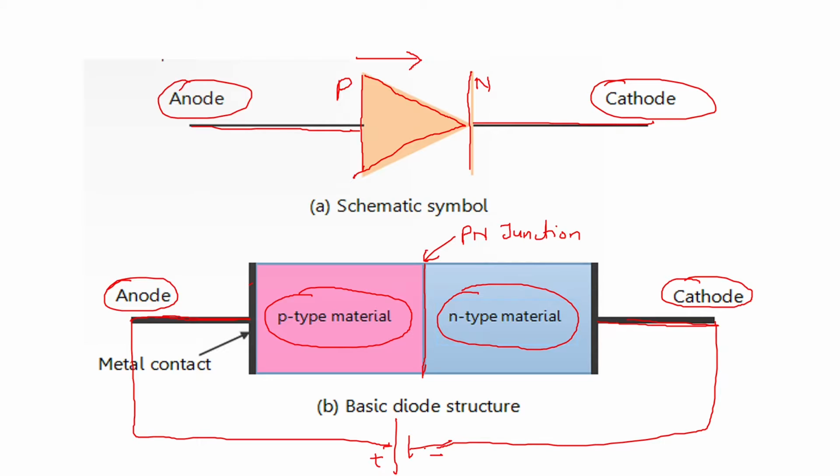The PN junction diode is also symbolically represented as shown in figure A, the schematic symbol. The direction of the arrow indicates the conventional direction of current, that is, the direction of positive charge carriers. So in this case it is the holes which travel from the p-type material to the n-type material.